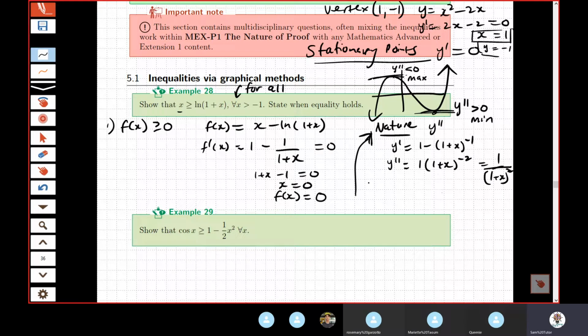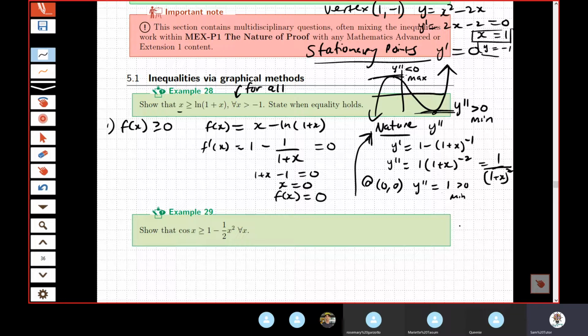So I sub in 0, the point that we just found, our stationary point. y double dash equals 1 on 1 plus 0 squared, which is 1. That is greater than 0, so that's a minimum.